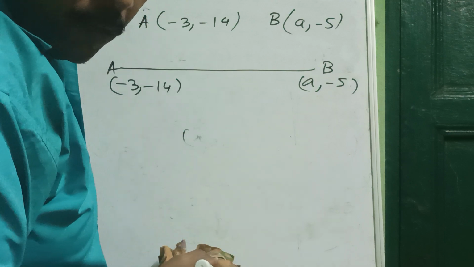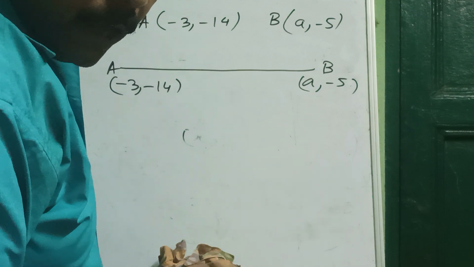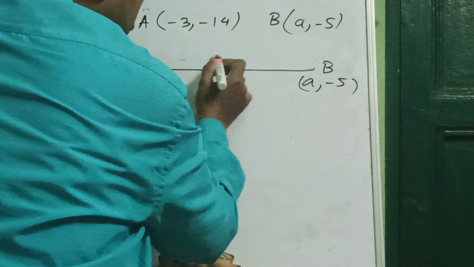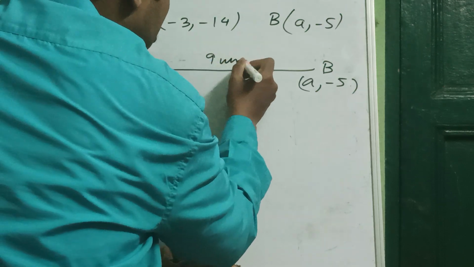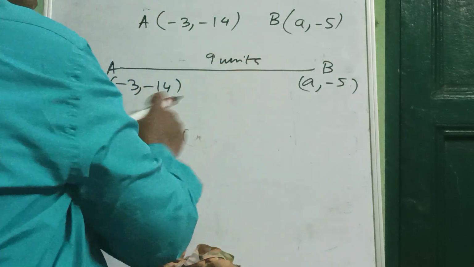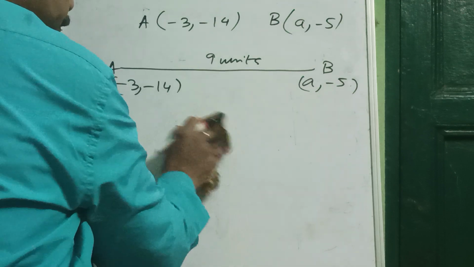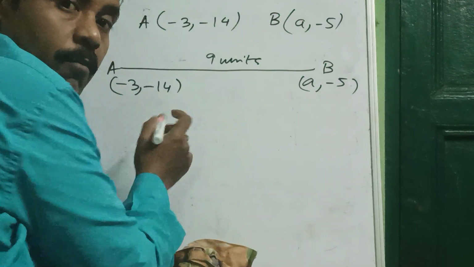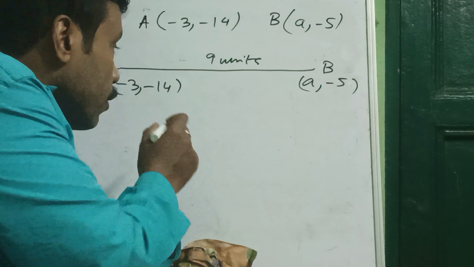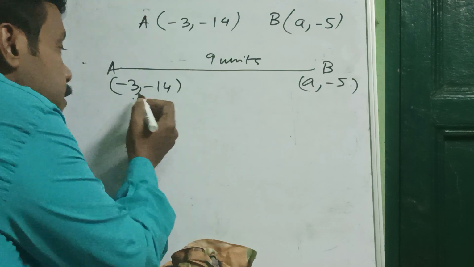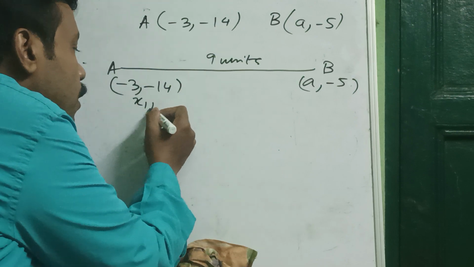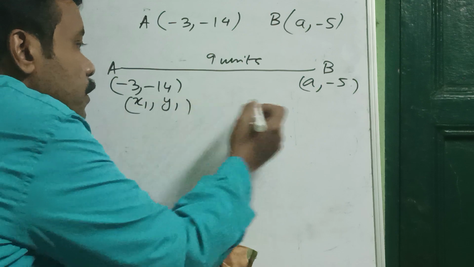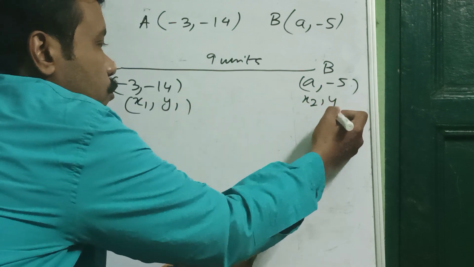If the distance between the points A and B is 9 units, find the value of a. How to find this? Take this coordinate minus 3 comma minus 14 as x1 y1. This is x2 y2.